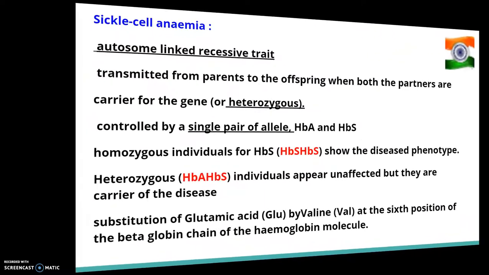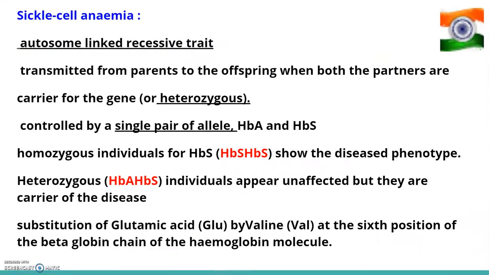When we talk of sickle cell anemia, this is an autosomal recessive trait, and it can be transmitted from parents to offspring when both the partners are carriers of the gene, that is, they are heterozygous. So they may not be affected individuals, but they may be carriers. If they are carriers and heterozygous, then there is a possibility of transmitting this disease.